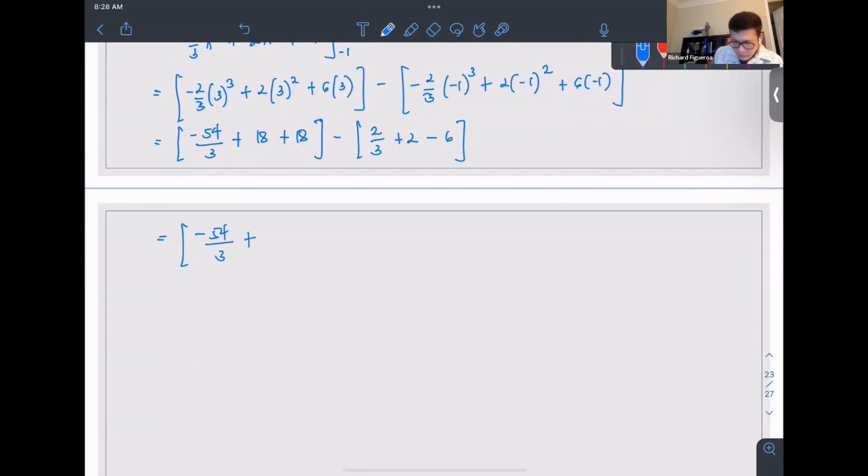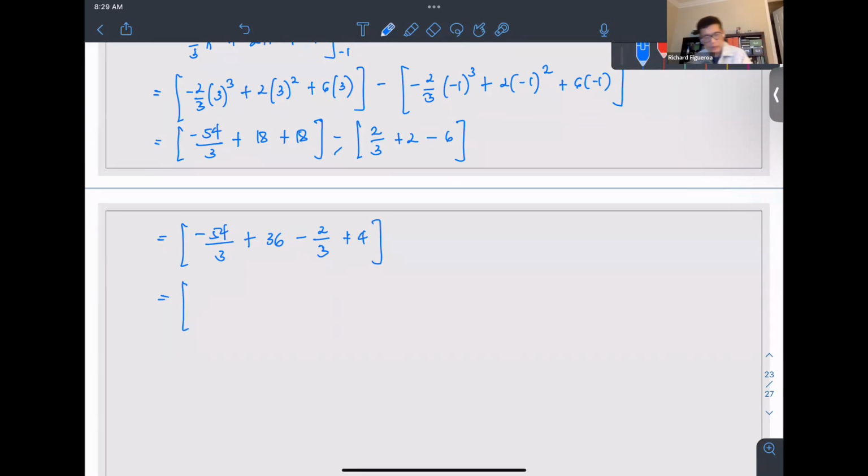And 18 and 18 will be 36. And then we subtract, so negative times 2/3, negative 2/3. Then 2 minus 6 is negative 4. But then we multiply by the negative, so that makes it positive 4.